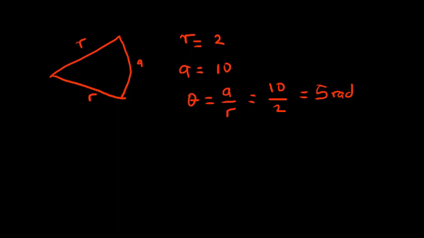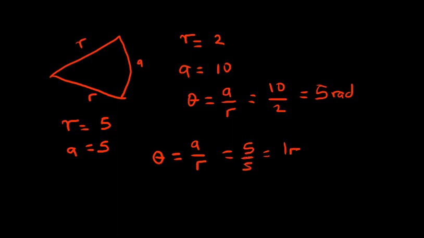Since it's a ratio, it simply means that when the arc length is equal to the radius, we are going to have 1 rad. So if our radius was 5 and our arc length was also 5, then A over R will be 5 over 5, which gives us 1 rad.